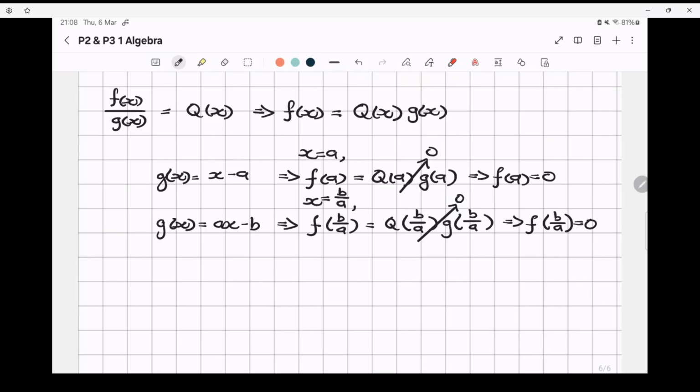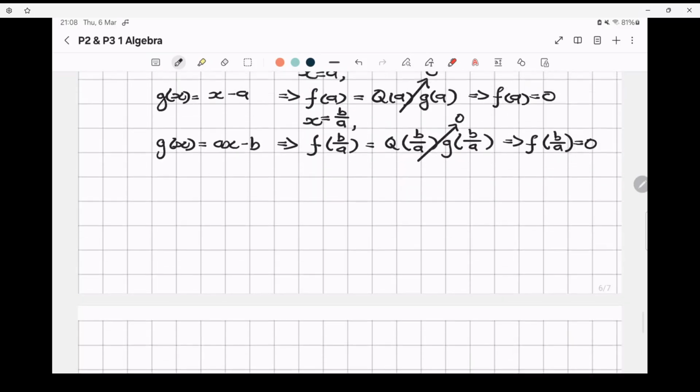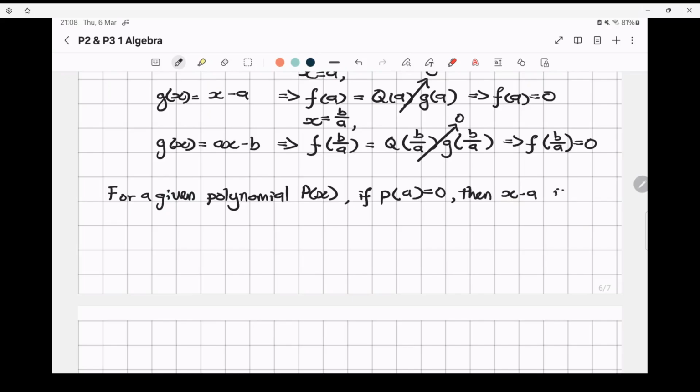So from these two cases, we can summarize the factor theorem as: for a given polynomial, let's say p(x), if p(a) equals 0, then x minus a is a factor of p(x).